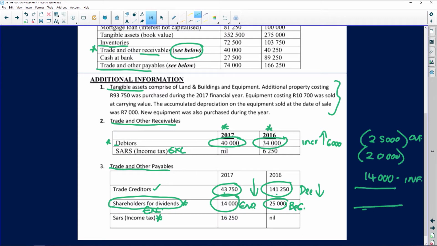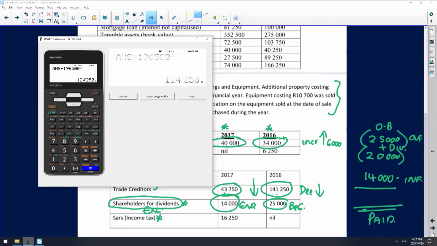So for the total dividends paid for the year, I'm taking the opening balance, adding my dividends for the year, and minusing the 14,000. Or you can start with a negative 25,000, negative 20,000, and plus 14,000. You should get the same answer.